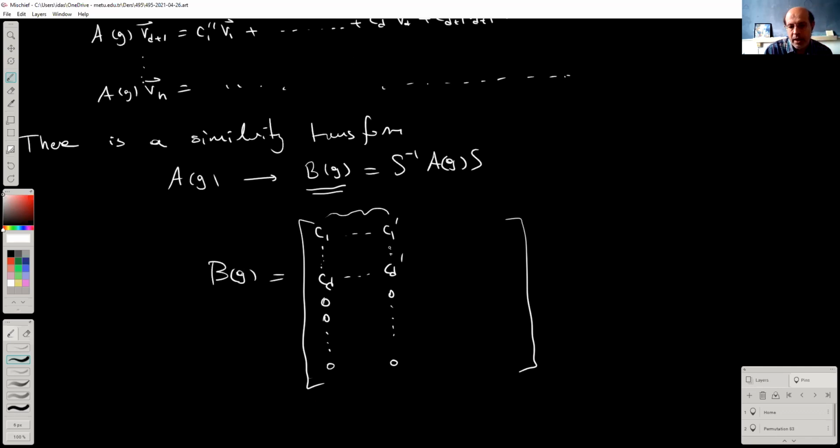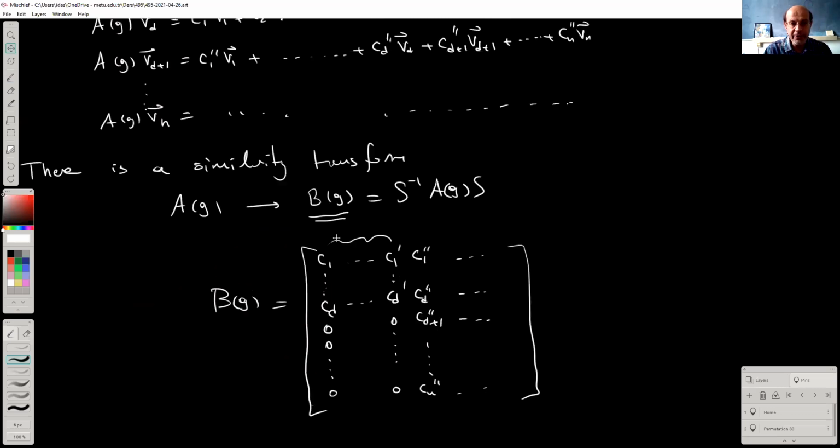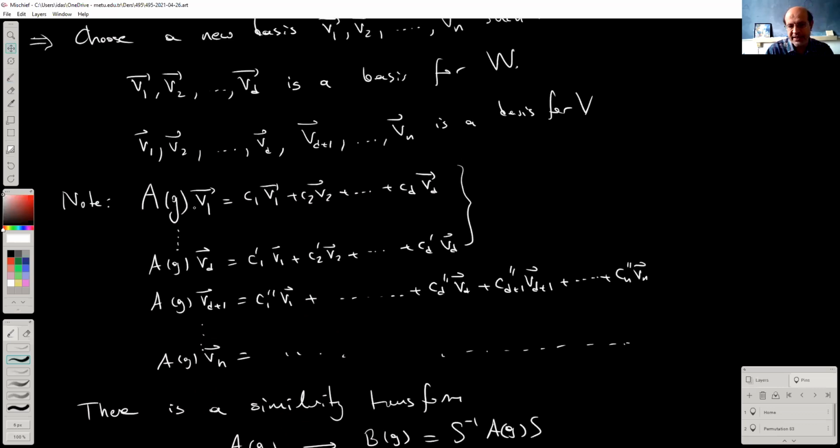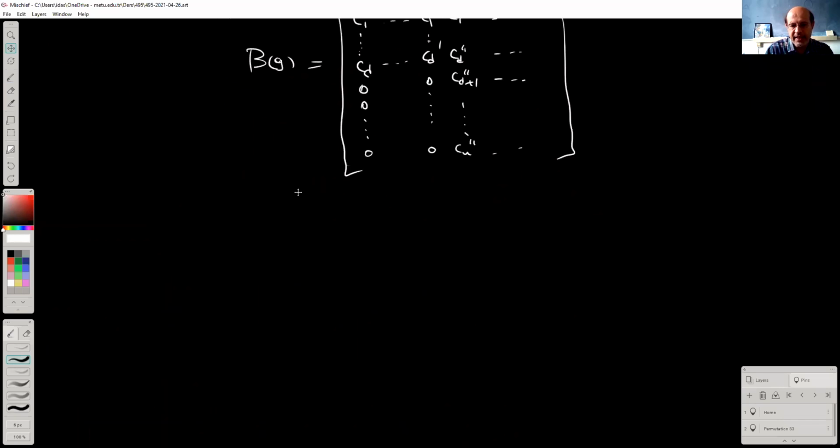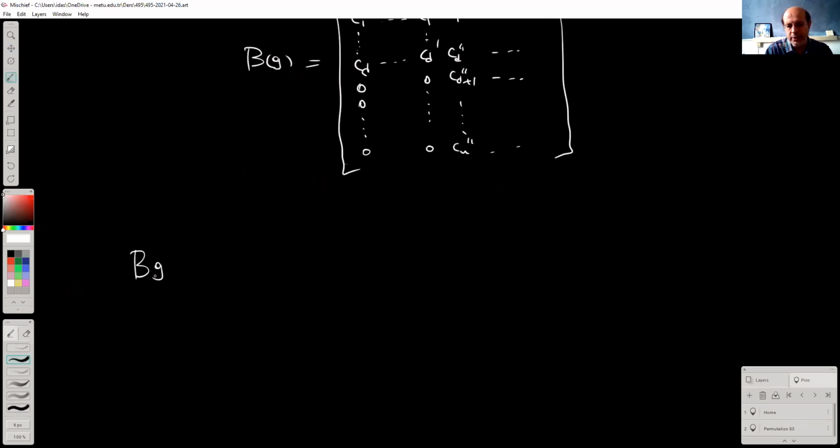And the other ones are a little bit more complicated. These actually span all the rows. In any case, I'm not going to write all these things down, but you should get the essential idea. If I express this representation in a basis where the first D vectors span this invariant subspace, the new representation would look like this.